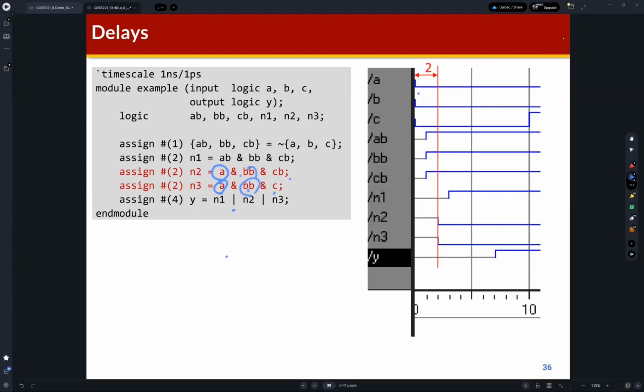BB is unknown and CB is unknown, but the outputs N2 and N3 are determined by A, right? This is N1, N2 and N3.